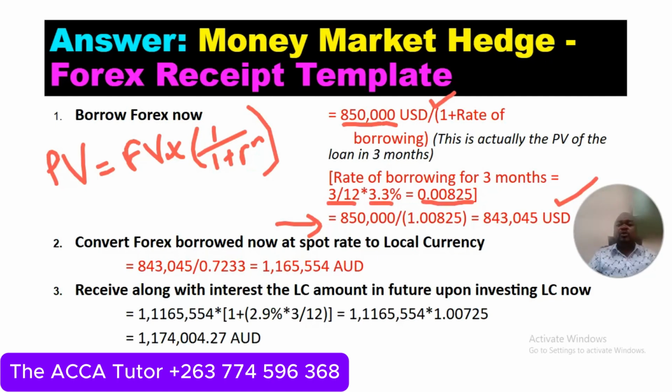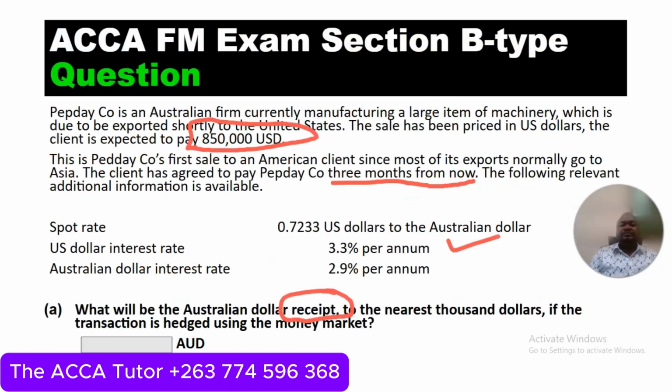What do we do? We go back to the spot rate. The spot rate is given, right? The examiner has been generous, doesn't want to confuse us. So that's 0.7233 US dollars to Australian dollars.